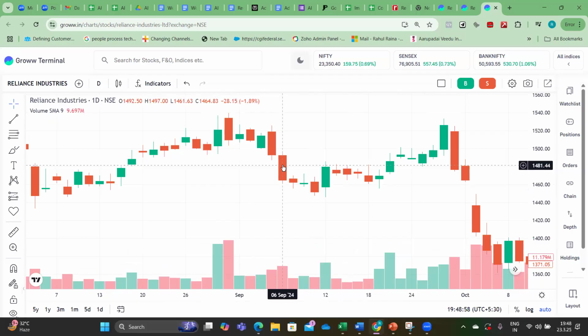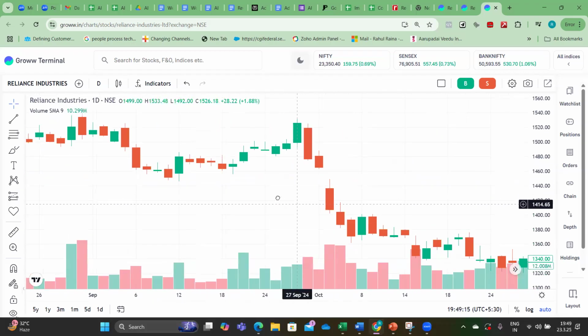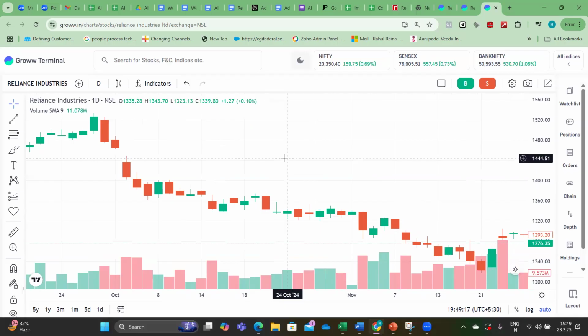Open is 1492. Close is 1464. Means closing price is lower than the open price. That is why this is a red candle. Clear?